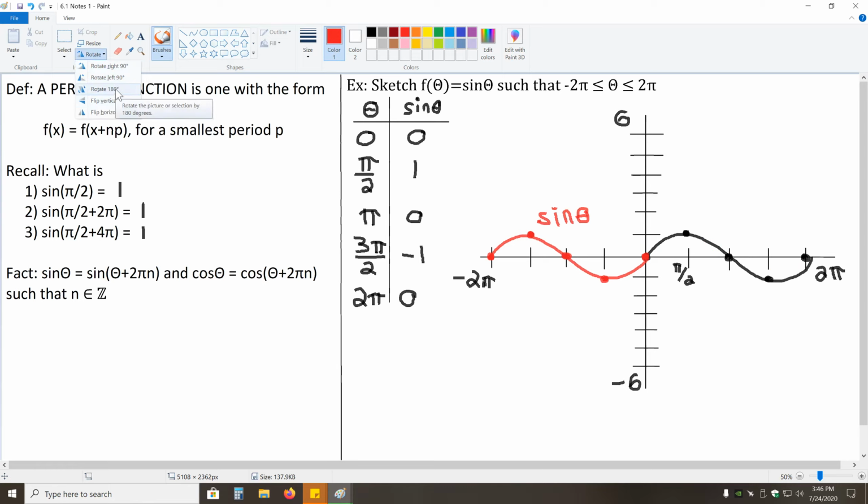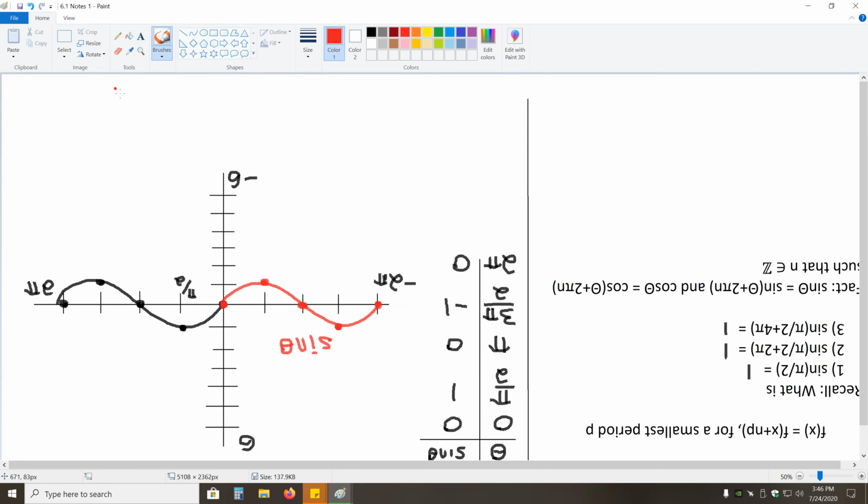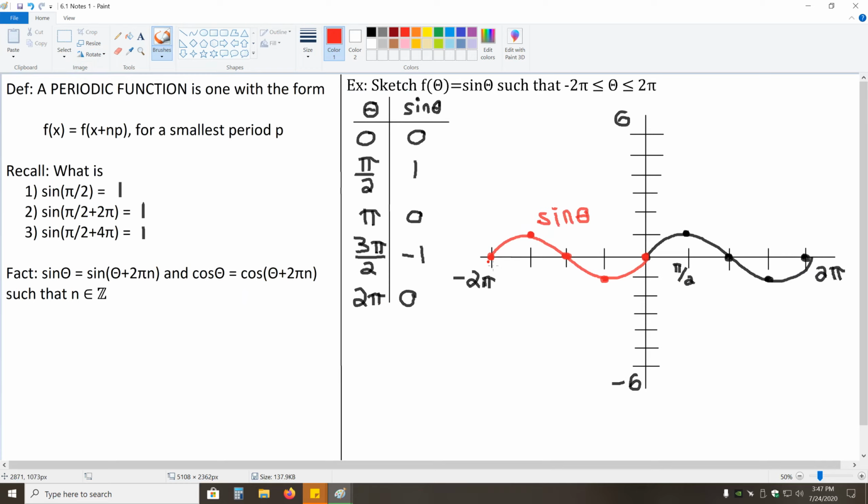If we rotate this entire thing 180 degrees, notice that the graph still starts with a y value of 0, goes to 1, back to 0, down to -1, and back up to 0, and does the same thing again. Pay attention to the shape. Up, down, up, down, up. If we rotate it back to the original, again, up, down, up, down, up.